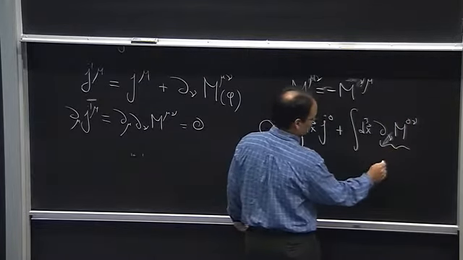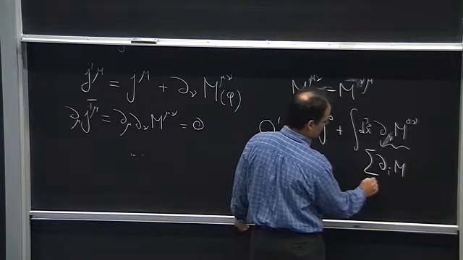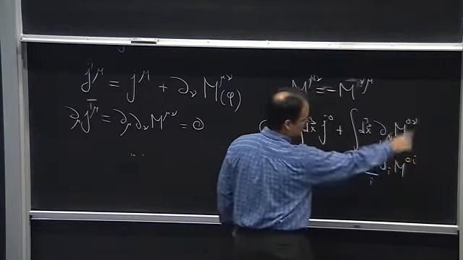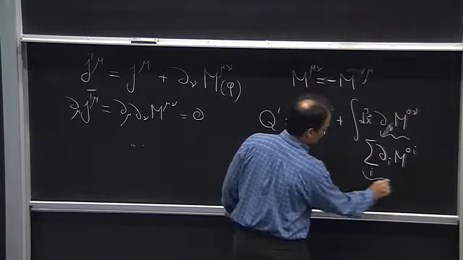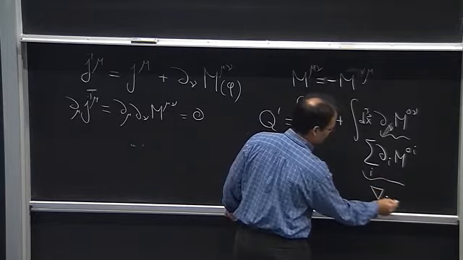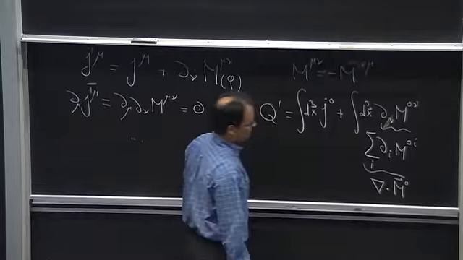So this object is really just a derivative with respect to i. I'm summing over i of the tensor component 0i, because the 0 part is 0, because it's antisymmetric. Now this is nothing but the divergence of a vector.